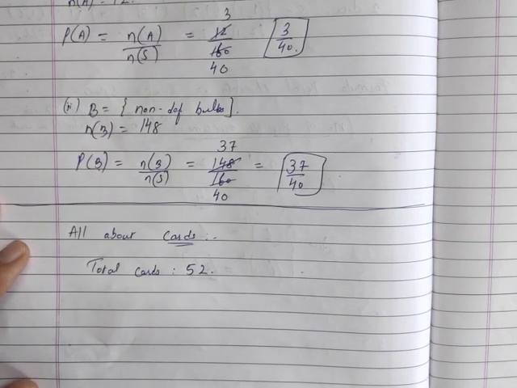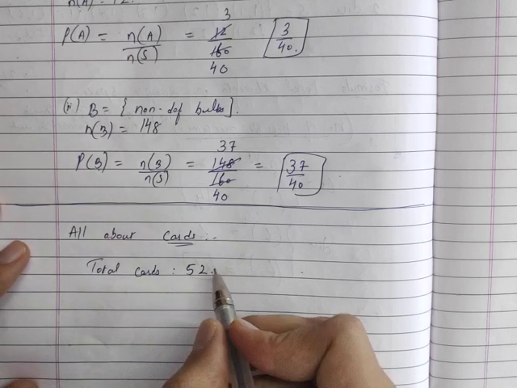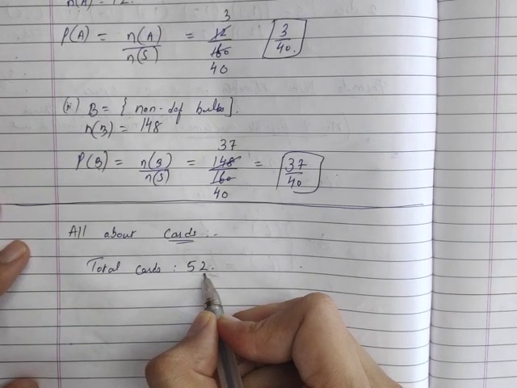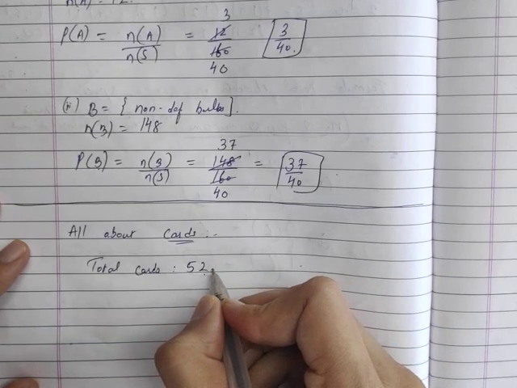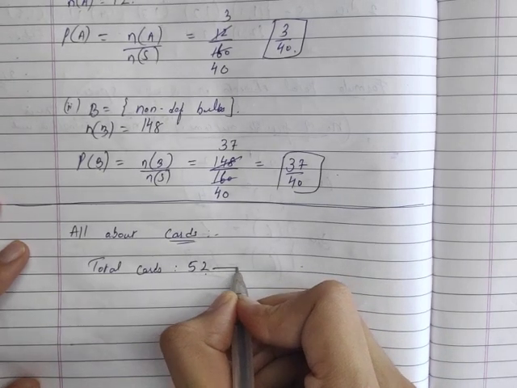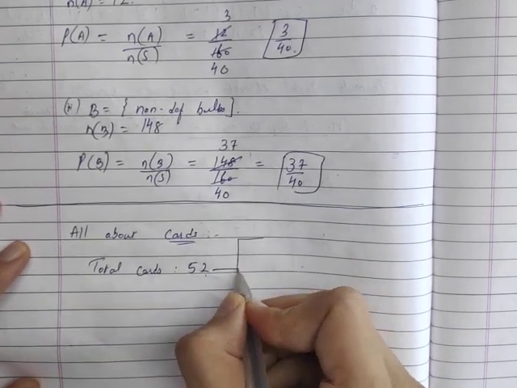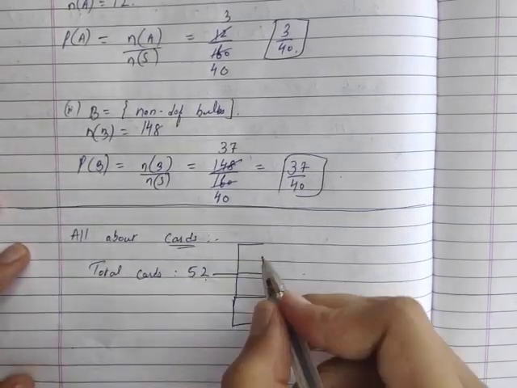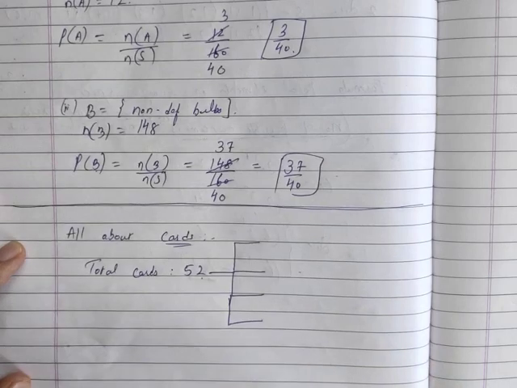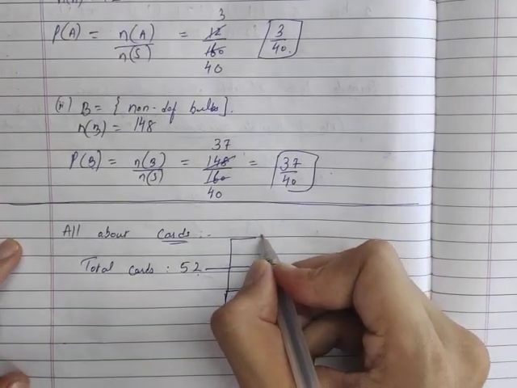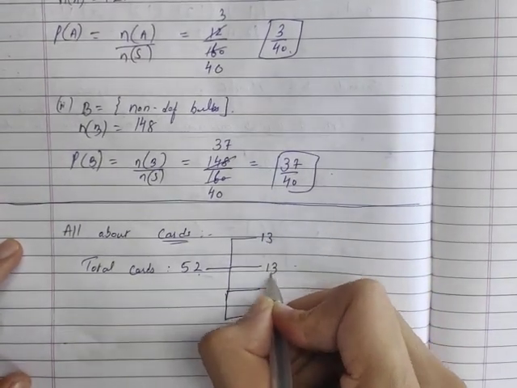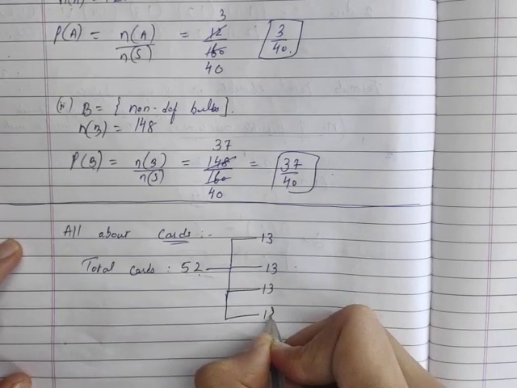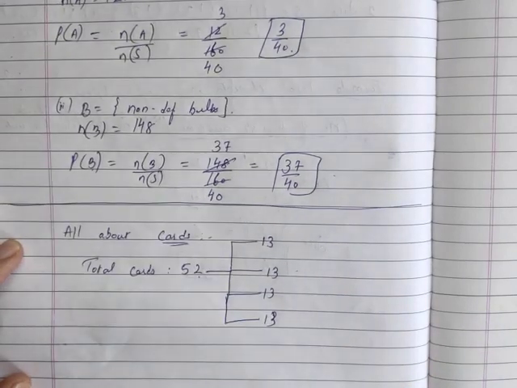Okay. Now, this set of 52 is divided into 4 small equal sets. That means each will have 13 cards, because 13 into 4 is 52.